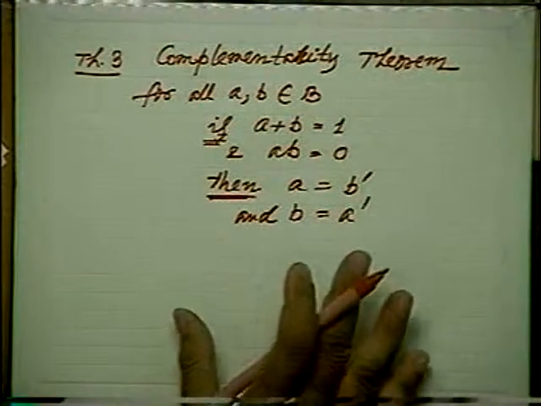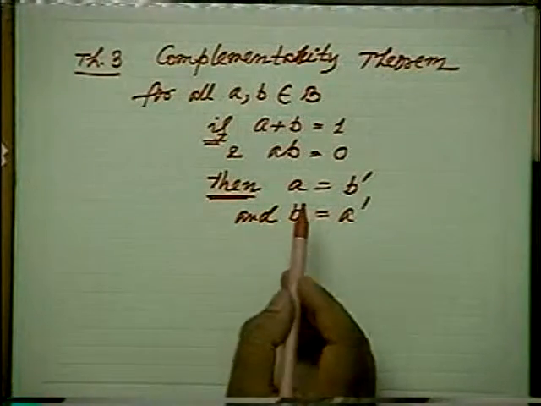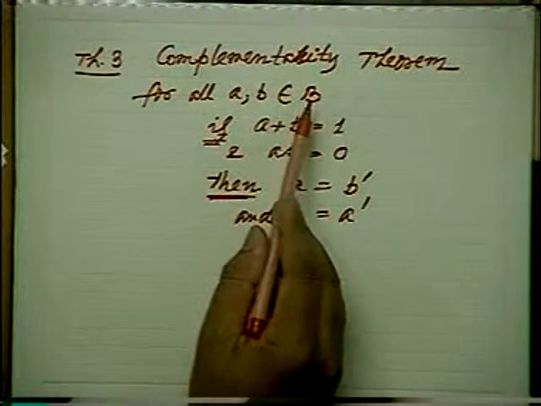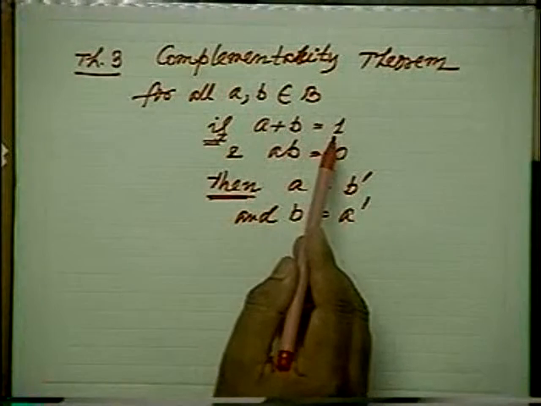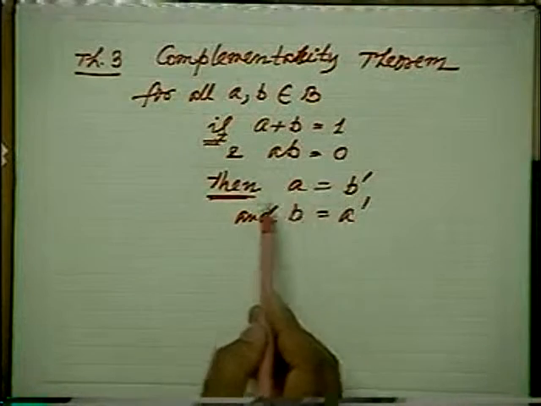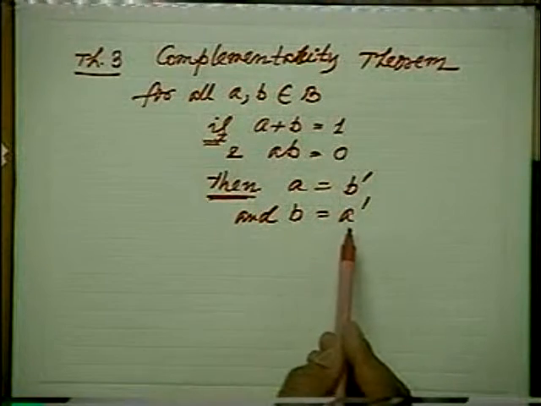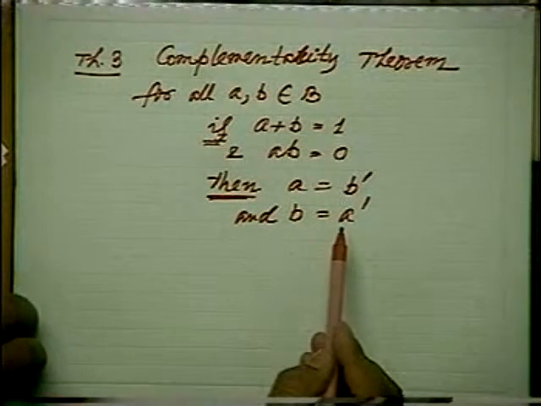This is the complementarity theorem. It says once more that if A, B are contained in B and you have A plus B equal to 1 and AB equal to 0, then A equal to B dashed and B equal to A dashed. Is it okay?